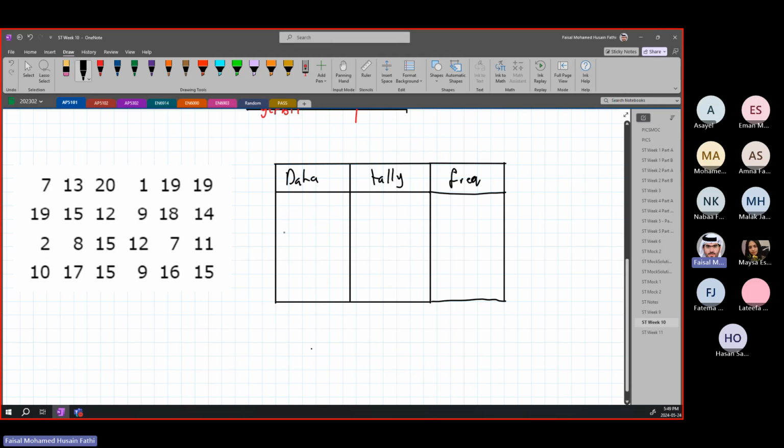So instead of saying 1, 2, 3, 4, 5, you can say that this is from 1 till 4. And then from 4 till 10. And then from 10 till 13. All right. And then from 13 till 17. And then from 17 till 20.